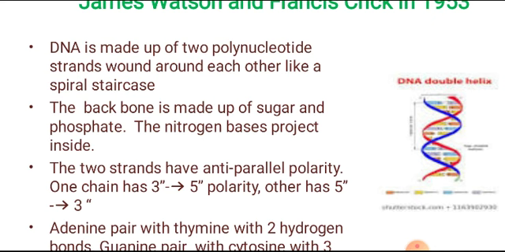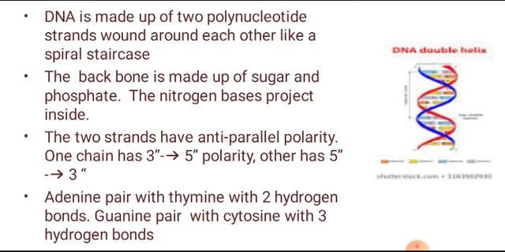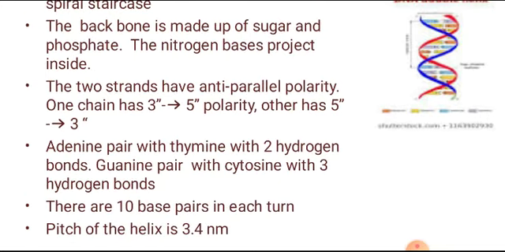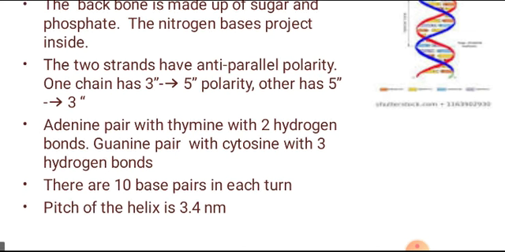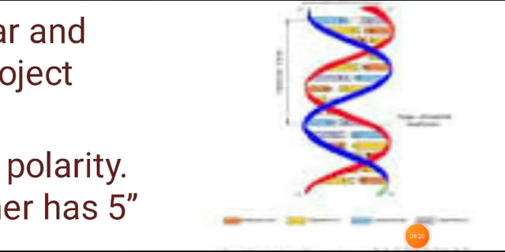One chain has 3' to 5' polarity. The other has 5' to 3' direction. Adenine pairs with thymine with two hydrogen bonds. Guanine pairs with cytosine with three hydrogen bonds. There are 10 base pairs in each turn. Pitch of the helix is 3.4 nanometer.